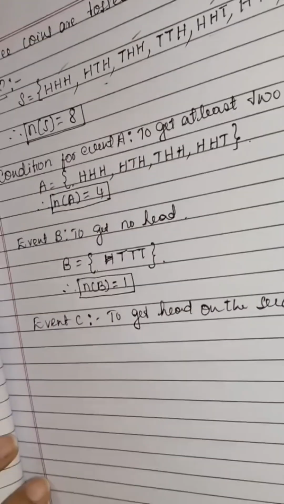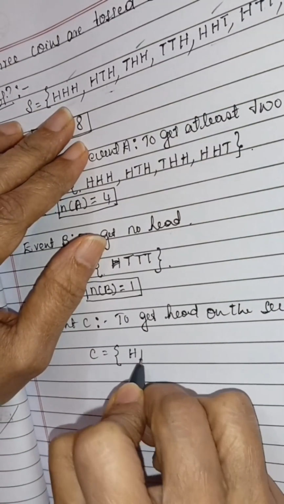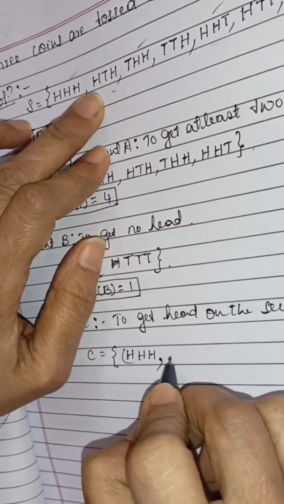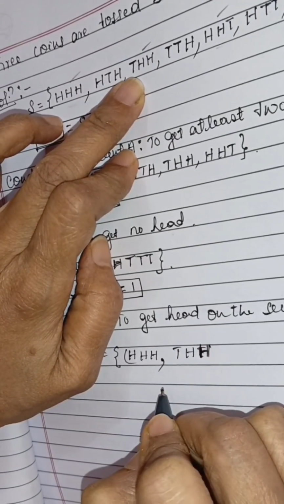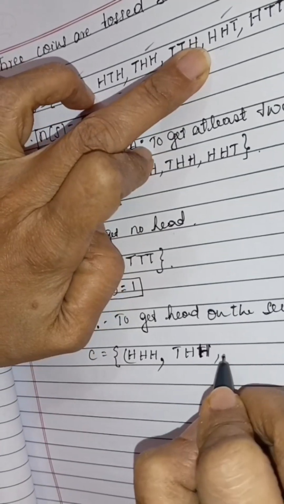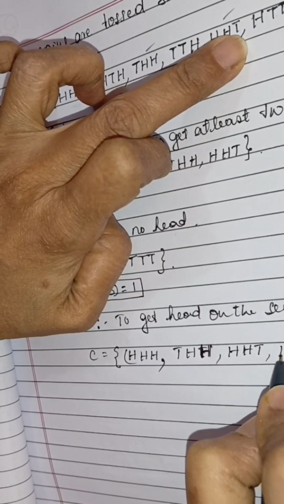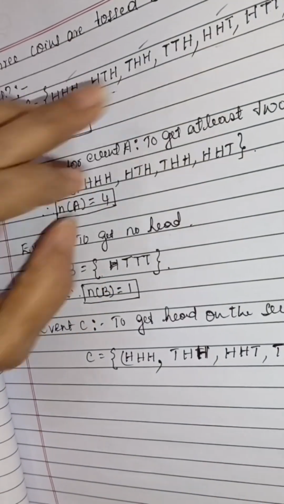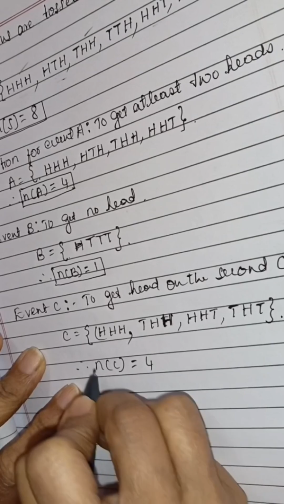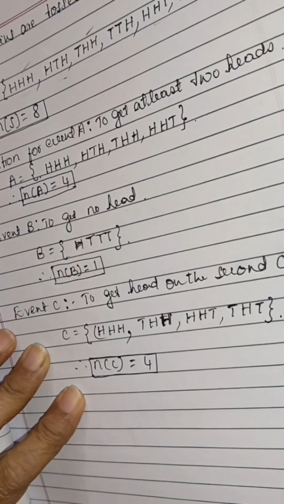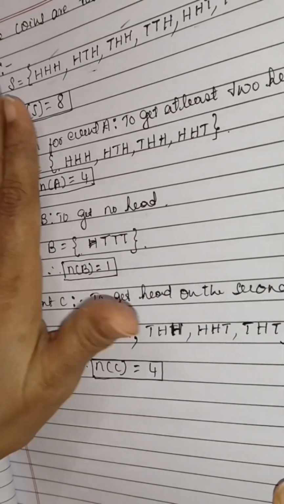Therefore C is HHH, THH, HHT, THT. N of C is 4. Very easy one, no?